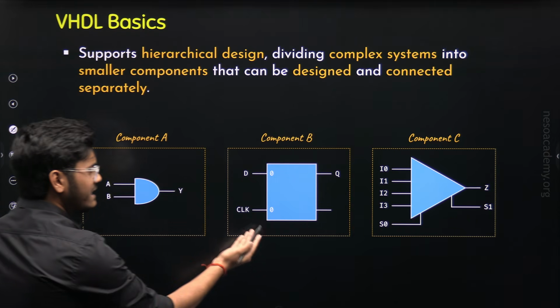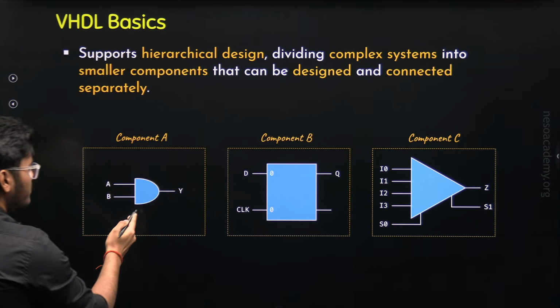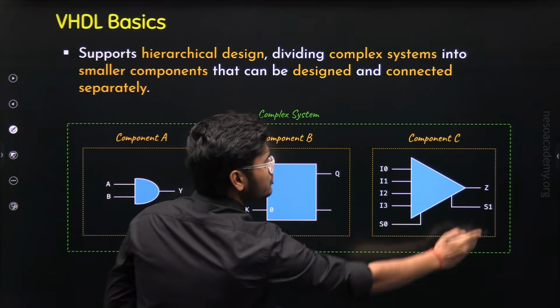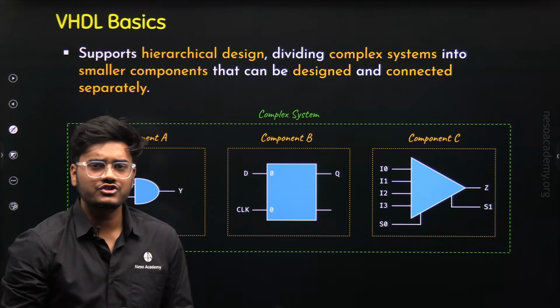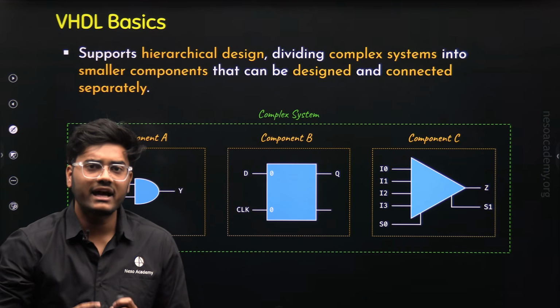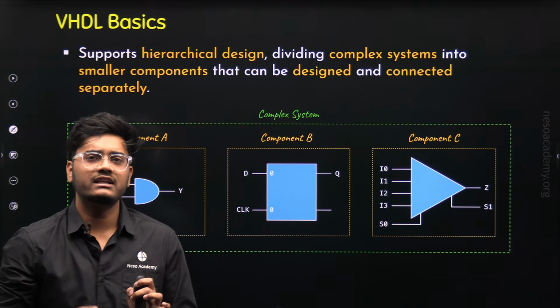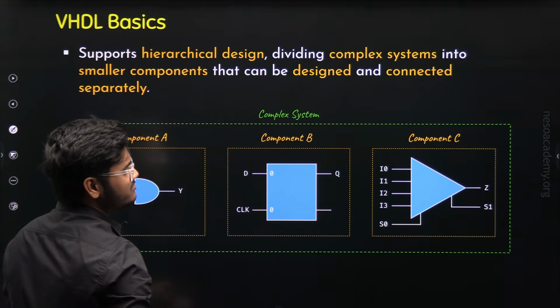Components can be of any size and complexity based on the system, and each component can be designed separately, then combined together to create a full system. So overall, VHDL helps in designing complex systems in a structured and manageable way. So, till now, we saw VHDL as a flexible language which follows hierarchical design.